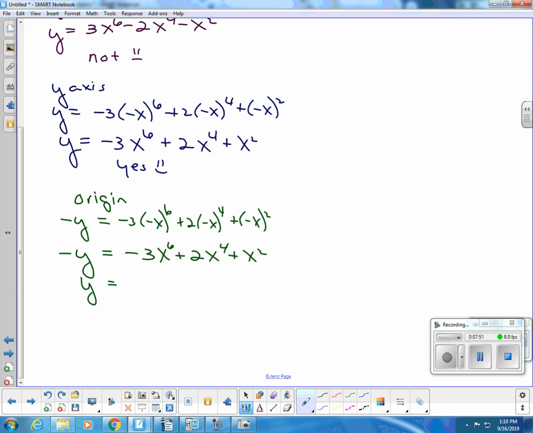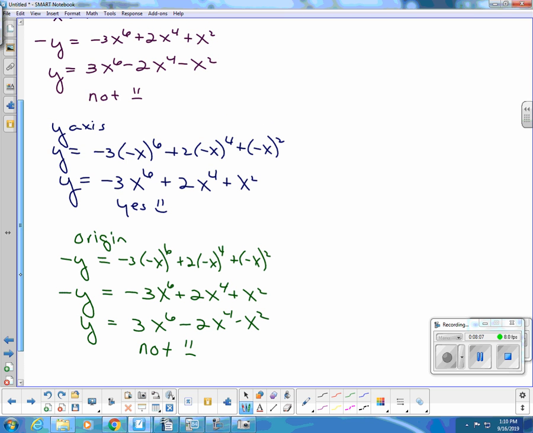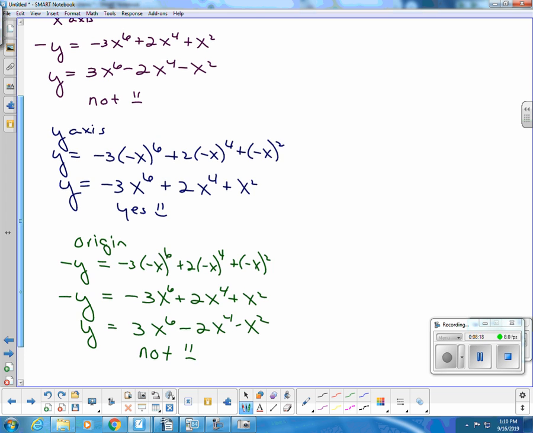Then distribute the negative from the left side. And that is once again a no. Okay. You see now? We could do that. Yep.